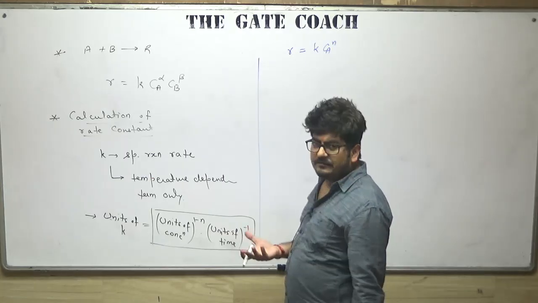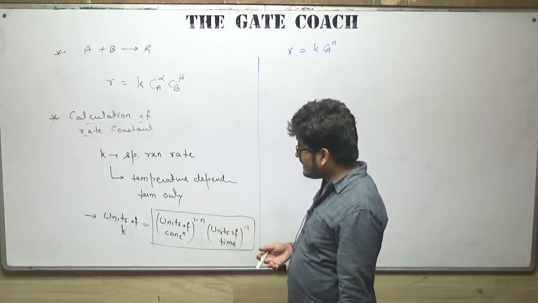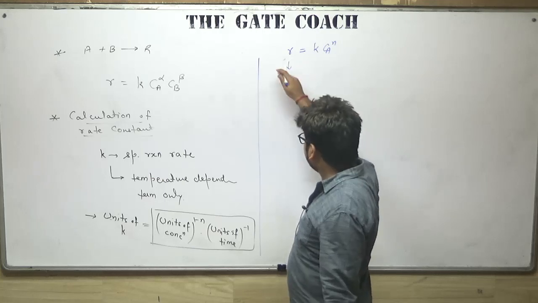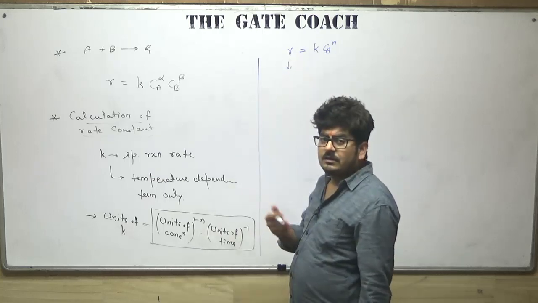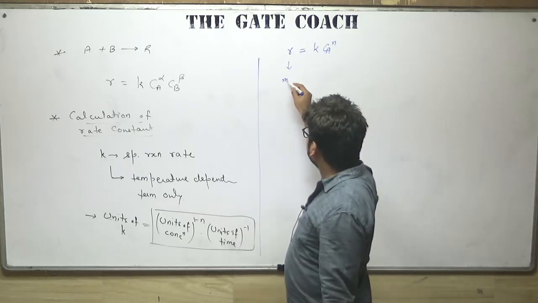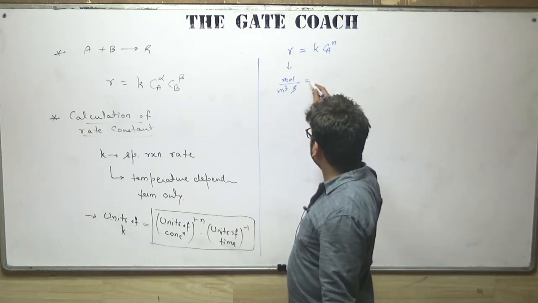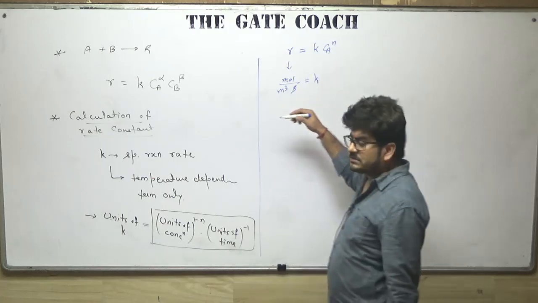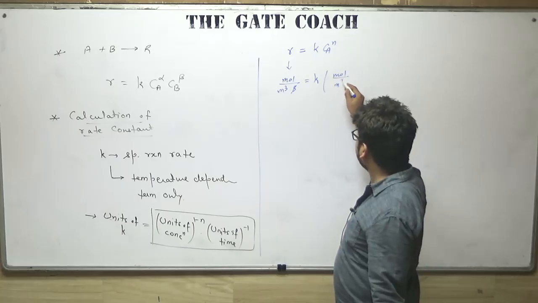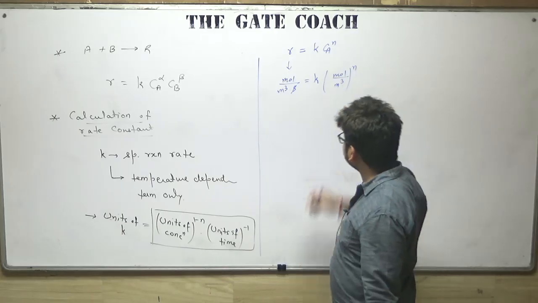So let's say we use the units in the SI system. For rate of reaction, for a homogeneous reaction system, the unit is mole per meter cube per second. For concentration, the units can be represented as mole per meter cube power n.